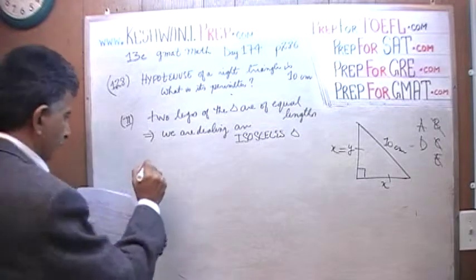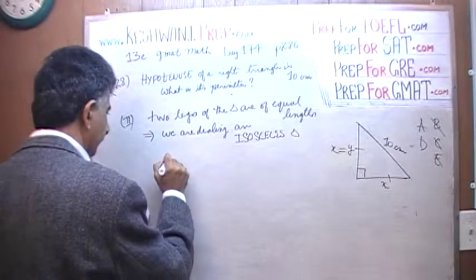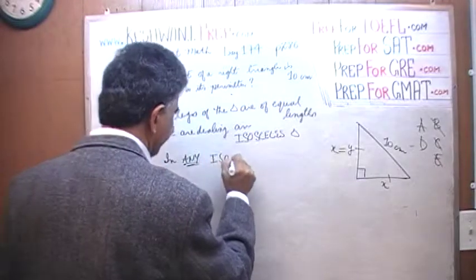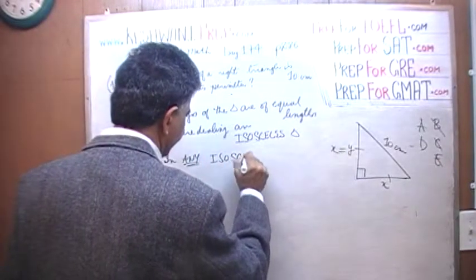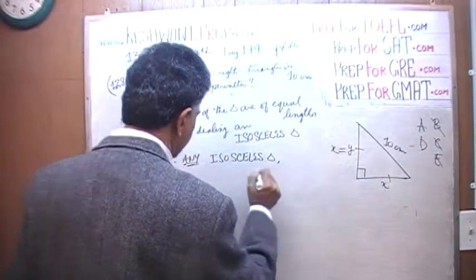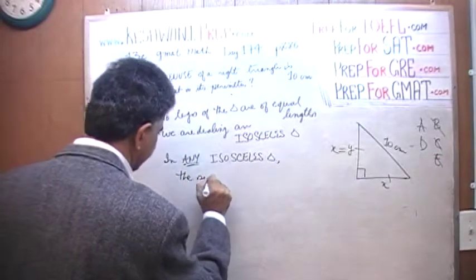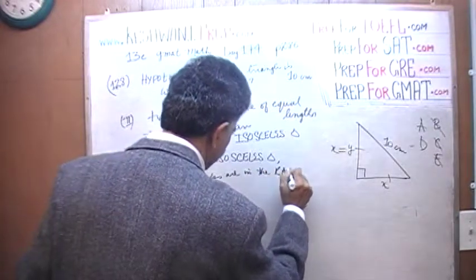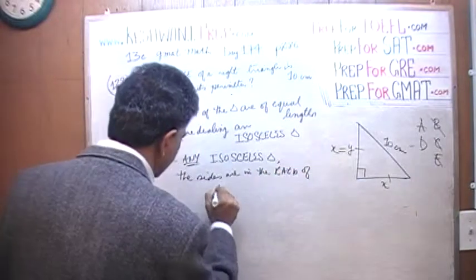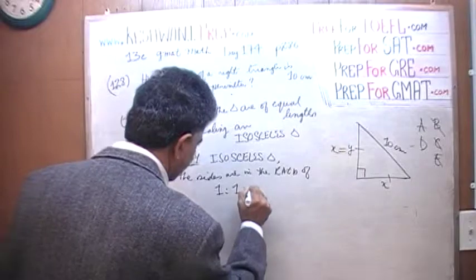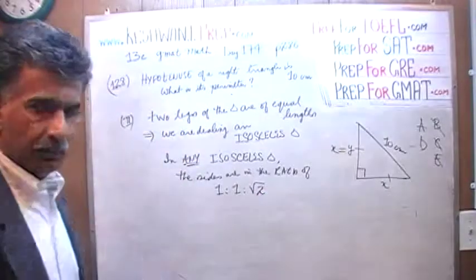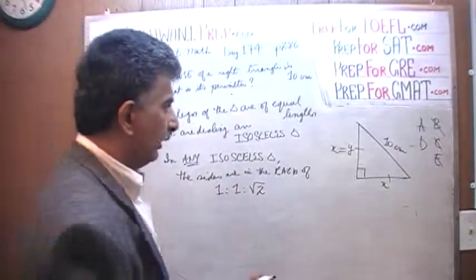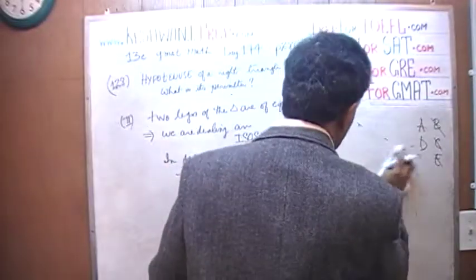And in any isosceles right triangle, the sides are in the ratio of 1, 1, root 2. This is something we should know by heart. Why 1, 1, root 2? Let's take a look at it.